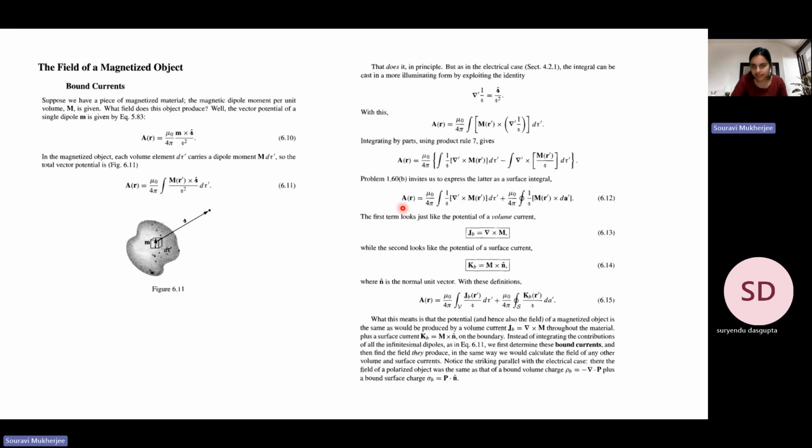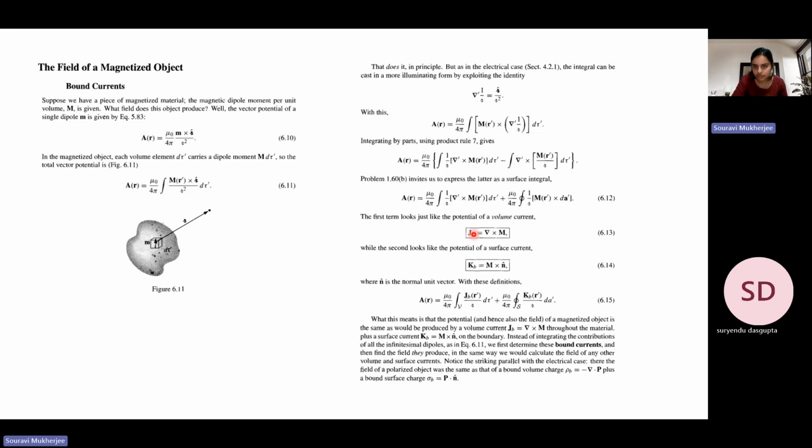This is telling you that now the vector potential due to a magnetized object has two contributions. One is like a volume current, another is like a surface current. And all of this is coming because of the magnetization of the material. Okay, it's not a free current carrying source that is giving rise to this vector potential. This vector potential is coming because of the medium property.